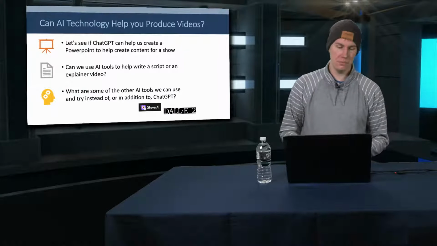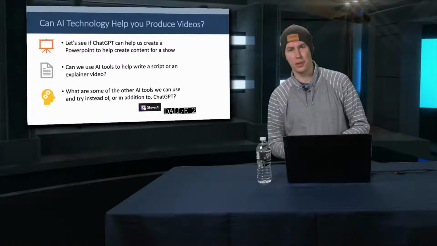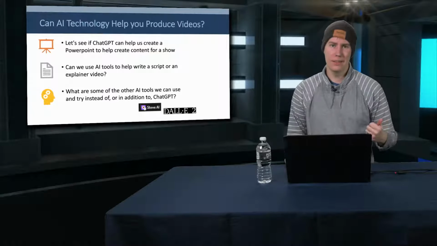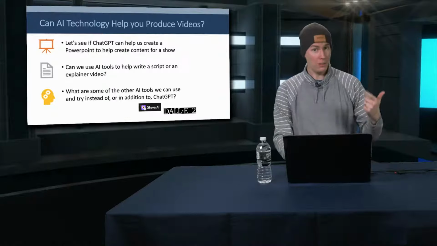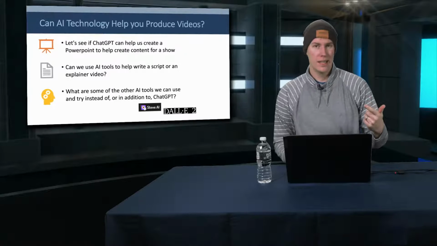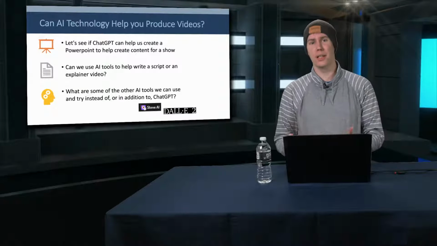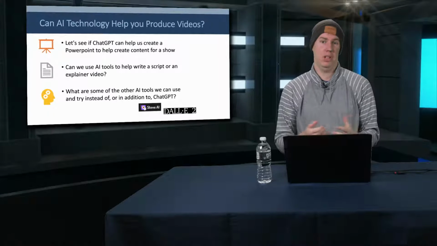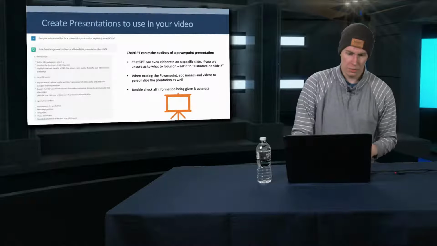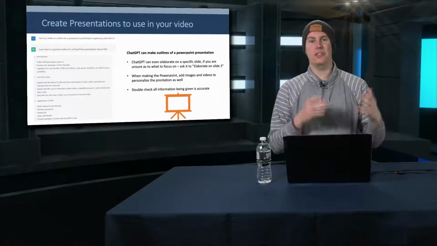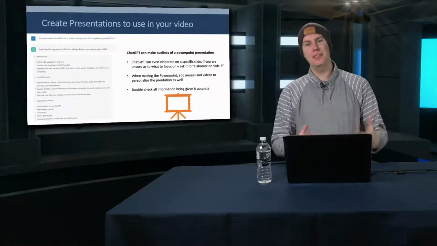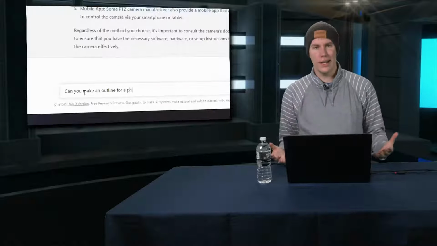And so, like I said, we wanted to know, can it really help you produce a video? So we wanted to test three major components. Can it make a PowerPoint outline? Can it make a script based off of that PowerPoint outline? And then what are some other AI tools that you can incorporate into your productions? So, like I said, we asked ChatGPT to make a presentation on what NDI is.